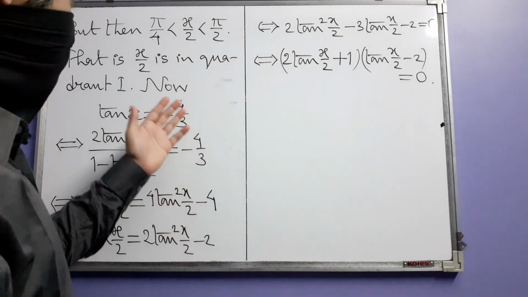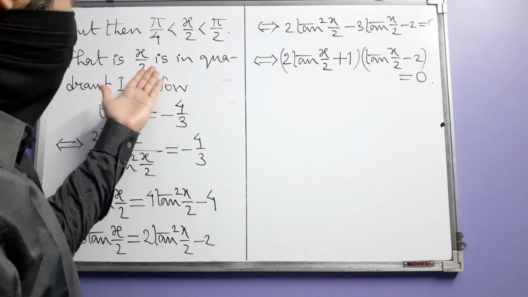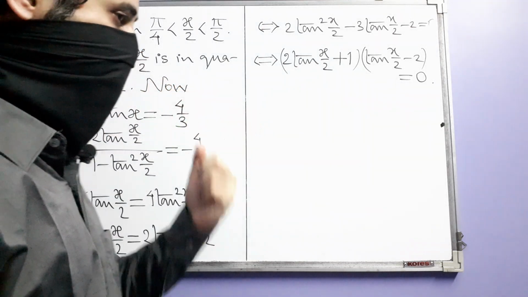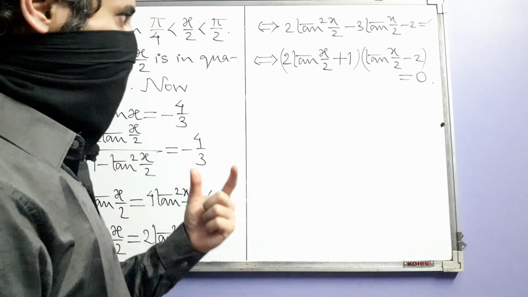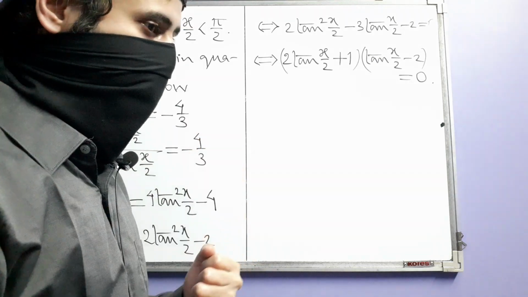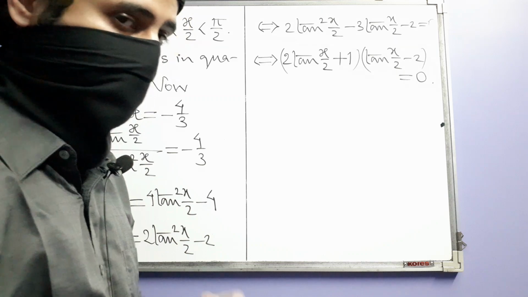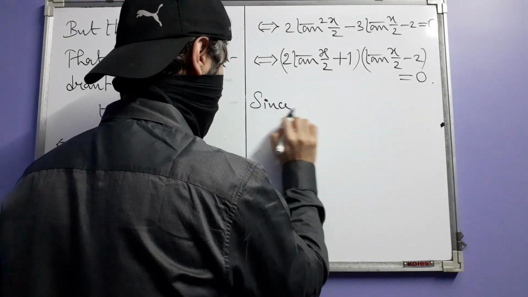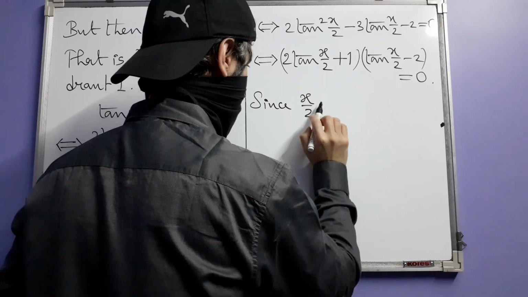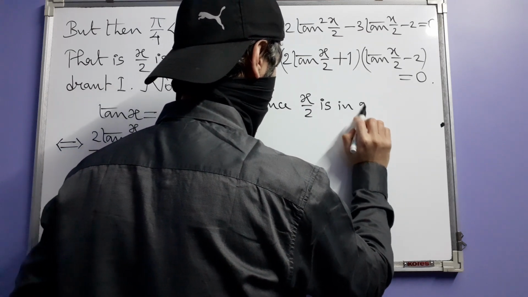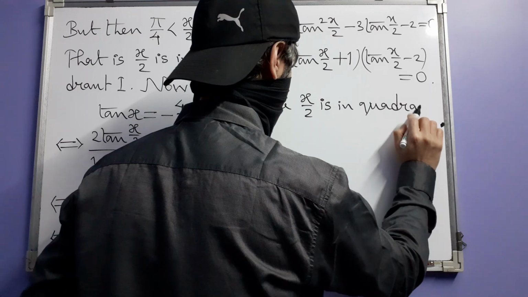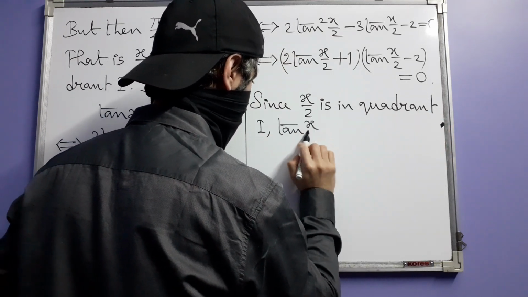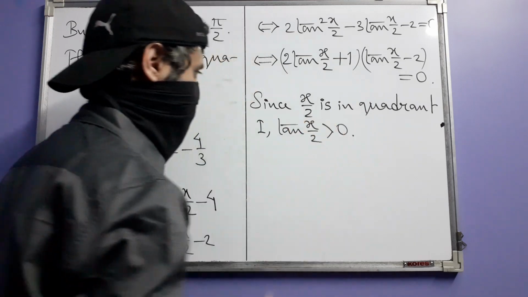Okay. Now what did we uncover here? Here we revealed the fact that x divided by 2 is in the first quadrant and so its tan value is going to be positive, not negative. Since x over 2 is in quadrant 1, this is positive.